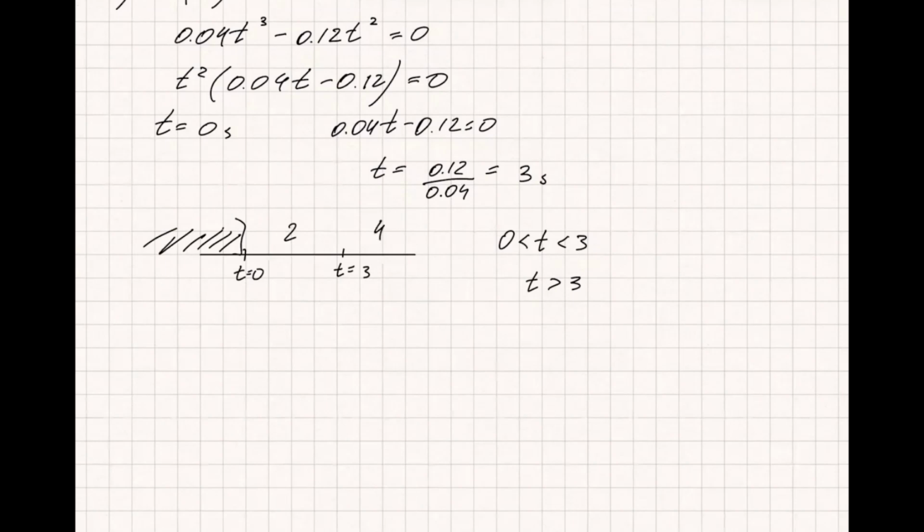Sorry, 4. So v of 2 is equal to 0.04 times 2 cubed minus 0.12 times 2 squared, which is equal to negative 0.16 feet per second. Okay, so it's going to be negative here.